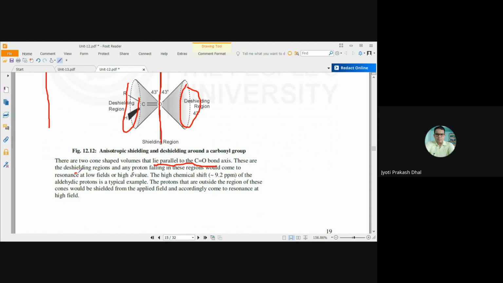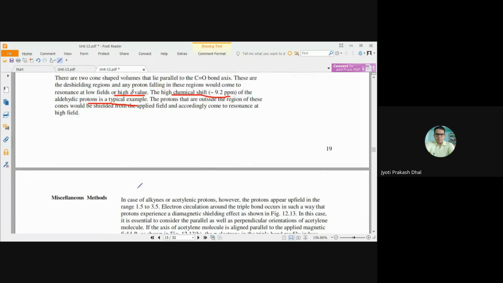These are the deshielding regions, and any proton falling in this region would resonate at low field, having a higher delta value. So here one proton is there; due to this deshielding region it will resonate at low field and have a high value of delta. The high chemical shift of around 9.2 ppm for the aldehyde proton is a typical example of this case.